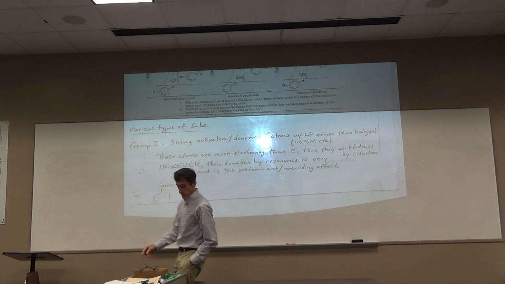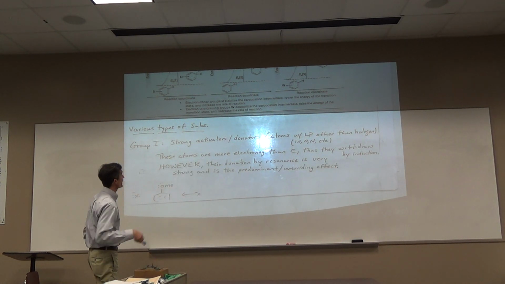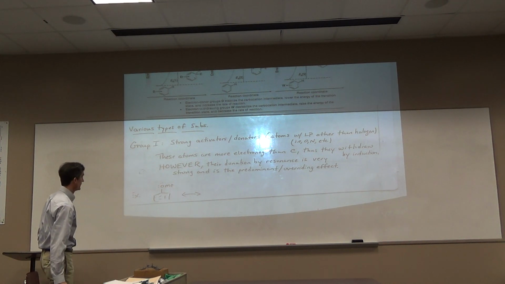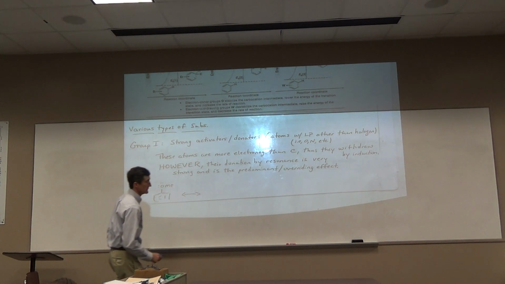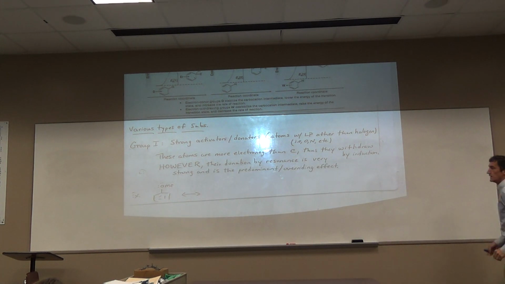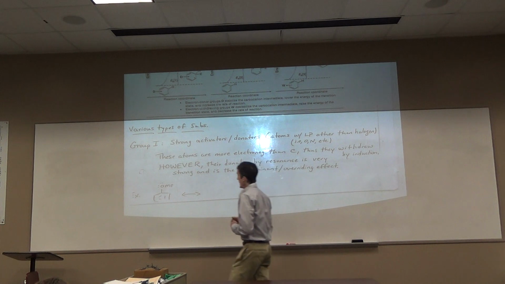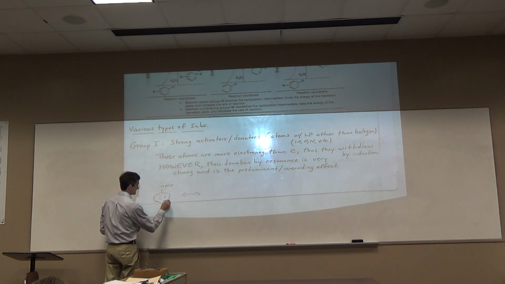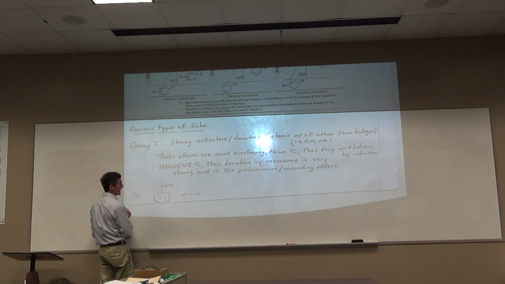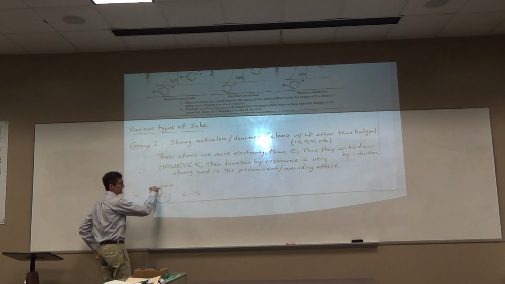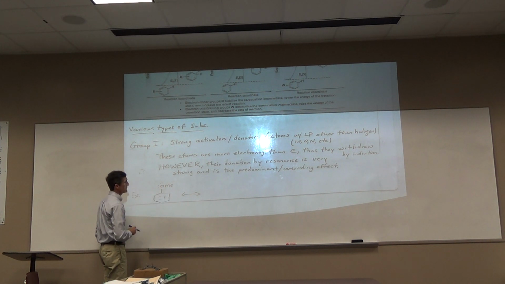There are 2 ways to show this. We could show it from a sigma complex with a charged species. We got cut off here a little bit. We can also show the resonance just from the starting material, starting compound.